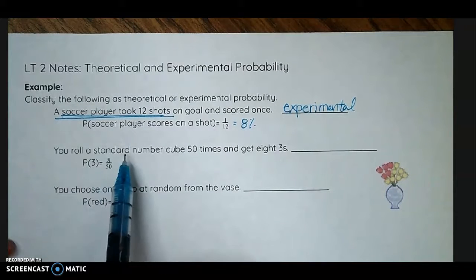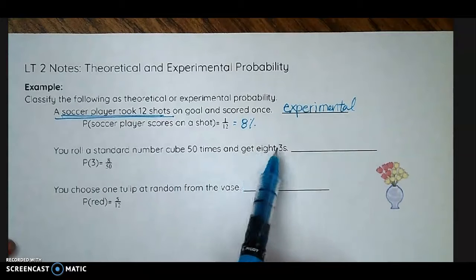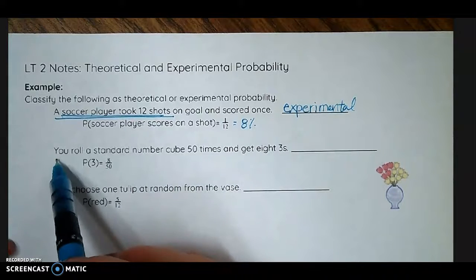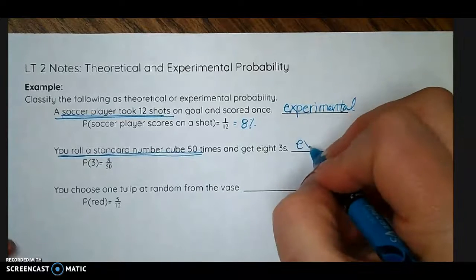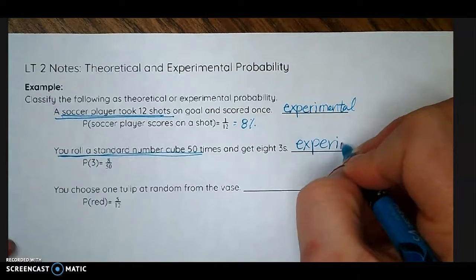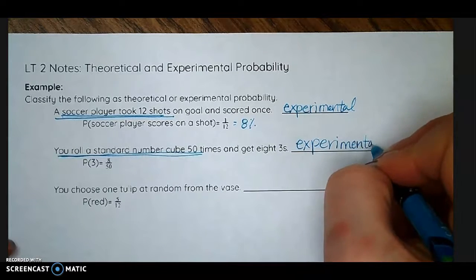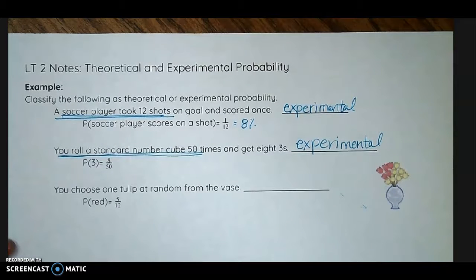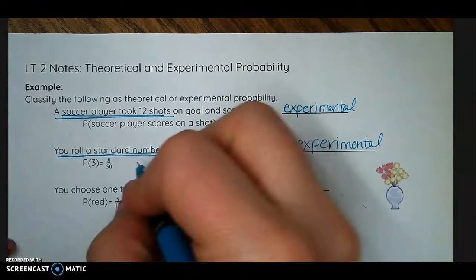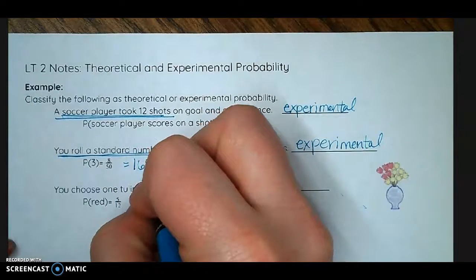Next one says you roll a standard number cube 50 times and get 8 threes. I've actually done it. So this is also going to be experimental. And 8 out of 50 is a 16% that it happened.